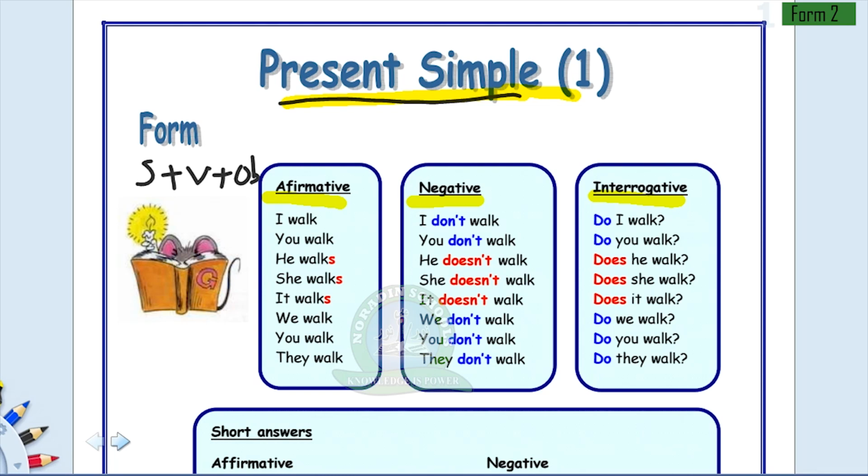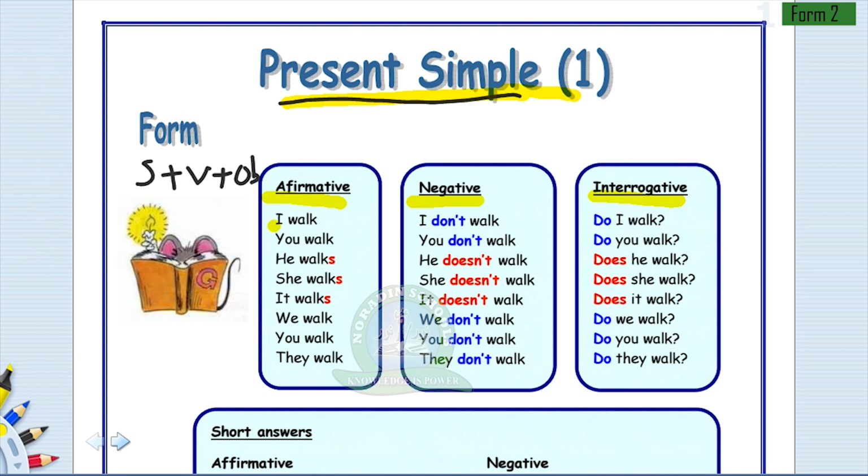But if the subject is singular, like the third person pronouns he, she, it, we add s or es in their simple present form. We will see them, don't worry.